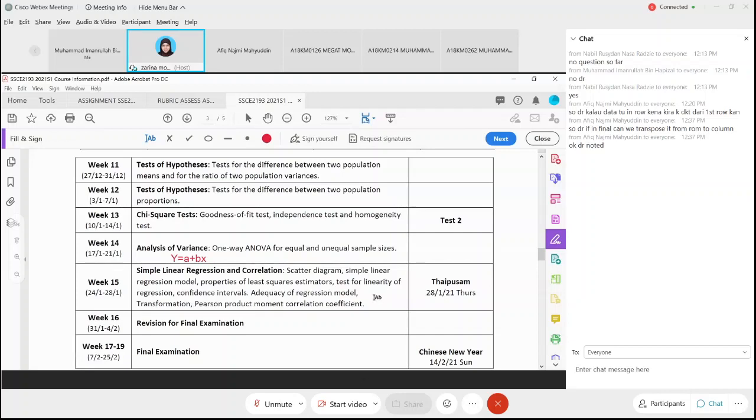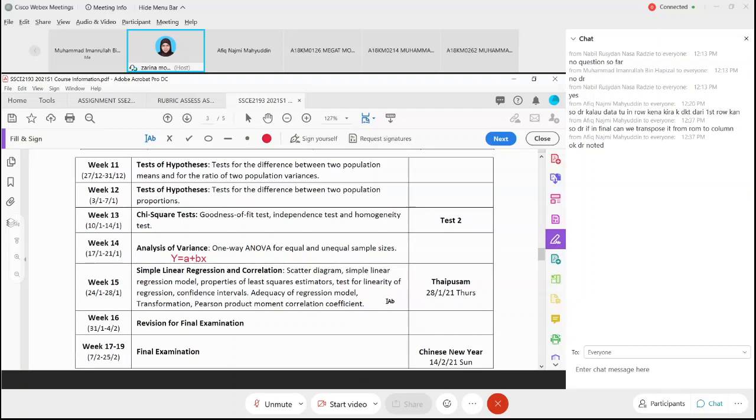As I mentioned in the video, there are two things you have to mention: the direction, is it positive or negative, and the strength. Is it very strong, moderately strong, weak, or very weak?